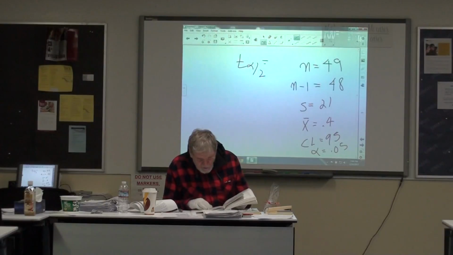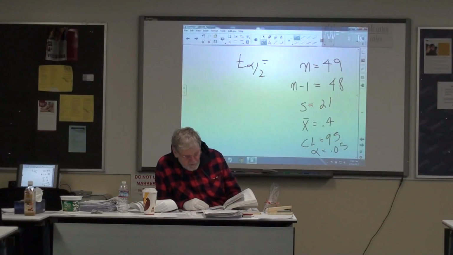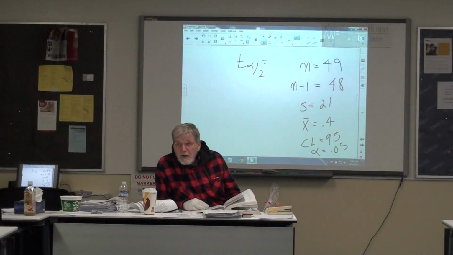Okay, now, 0.05 is the total area in both tails, is it not? Yes. So we want to use which, the area in 2 tails or the area in 1 tail? 2 tails, because 0.05 is the sum total of the area in 2 tails.